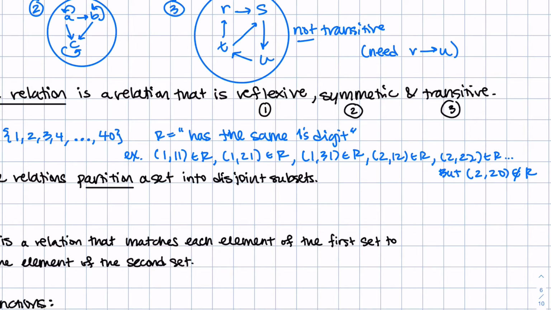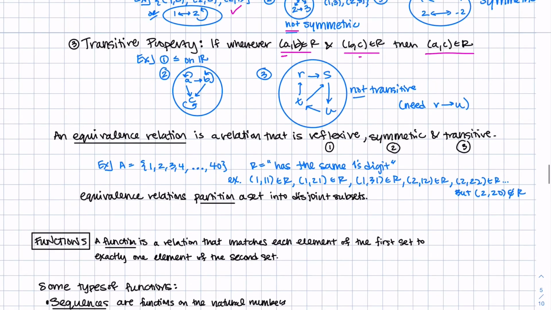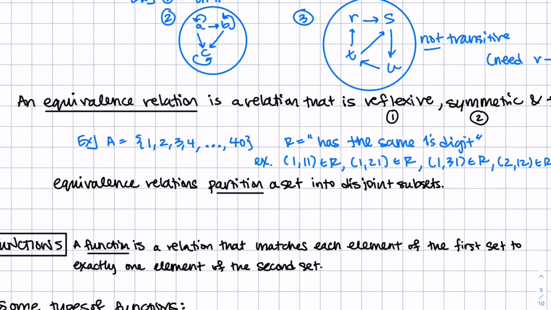Symmetric means that 11 comma 1 will also be in there. The order doesn't really matter here. And it's also transitive, because if 1 comma 11 is there and 11 comma 21 is in there, which it should be, then 1 comma 21 will be in there. Okay. So this satisfies all three of those properties.